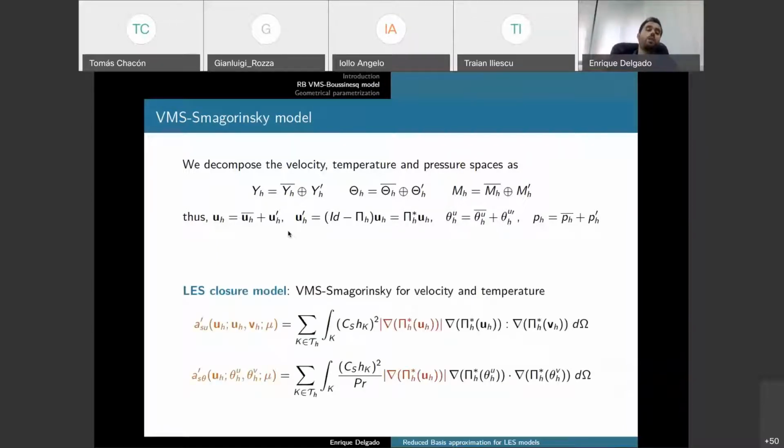And we consider the closure terms as this one, where we are filtering the velocity and the temperature. Note that all these terms are highly nonlinear, and I'm going to explain later on how we have to treat them in a specific way in order to perform the reduced basis framework.